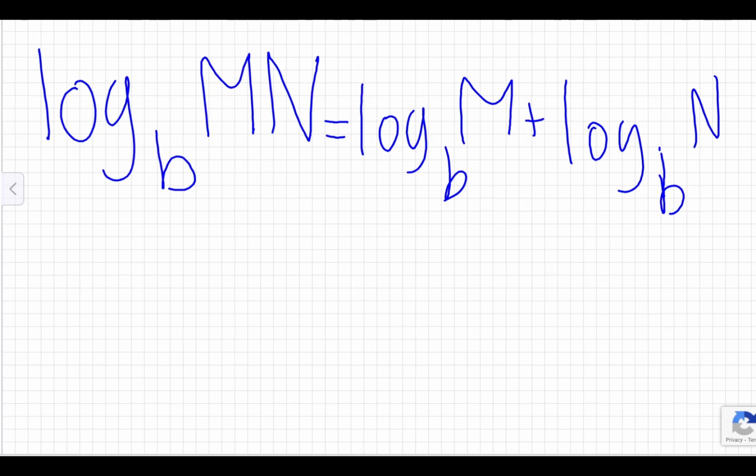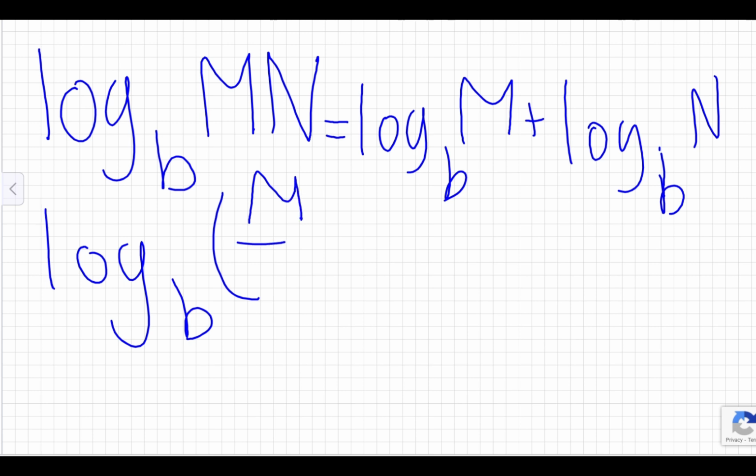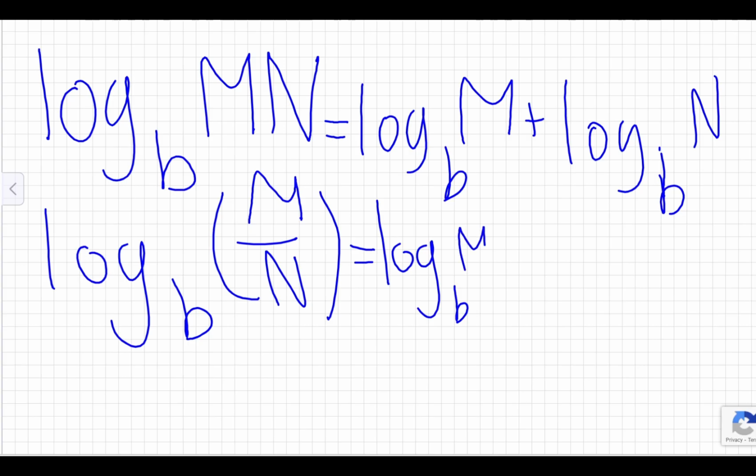Now, similar to multiplication, division comes in handy. Log base b of m divided by n will just equal log base b of m minus log base b of n. Now, for our final rule, it's called the power rule.